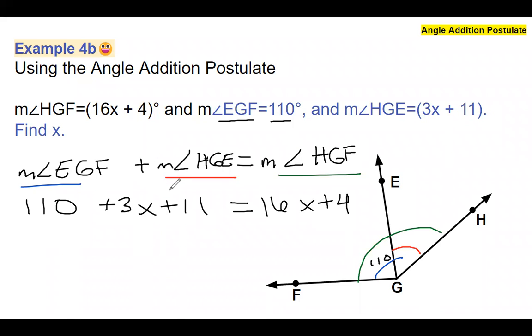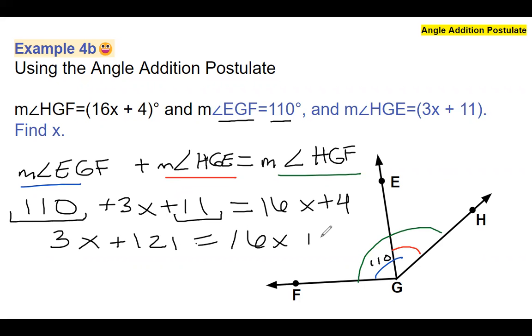What terms are alike? So 110 and 11. So let's go ahead and combine those two together. We have 3x plus 110 plus 11, guys, which is 121, equals 16x plus 4. Pass it on, Danny.